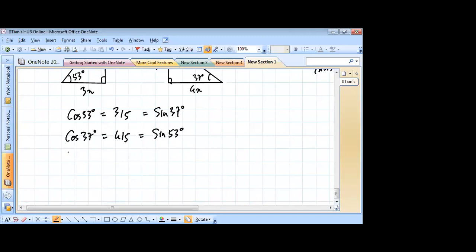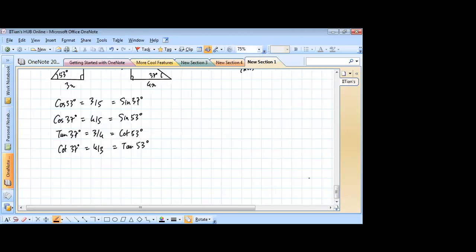And tan 37 is 3 by 4, which is the same thing as cot 53, or cot 37 is the same thing as 4 by 3, which is tan 53. So these are some new values that we had learned last time.